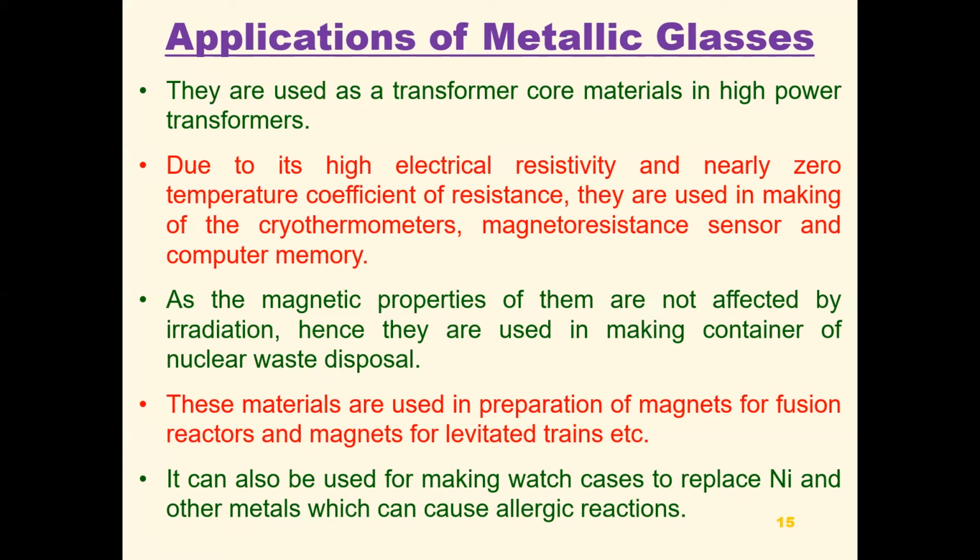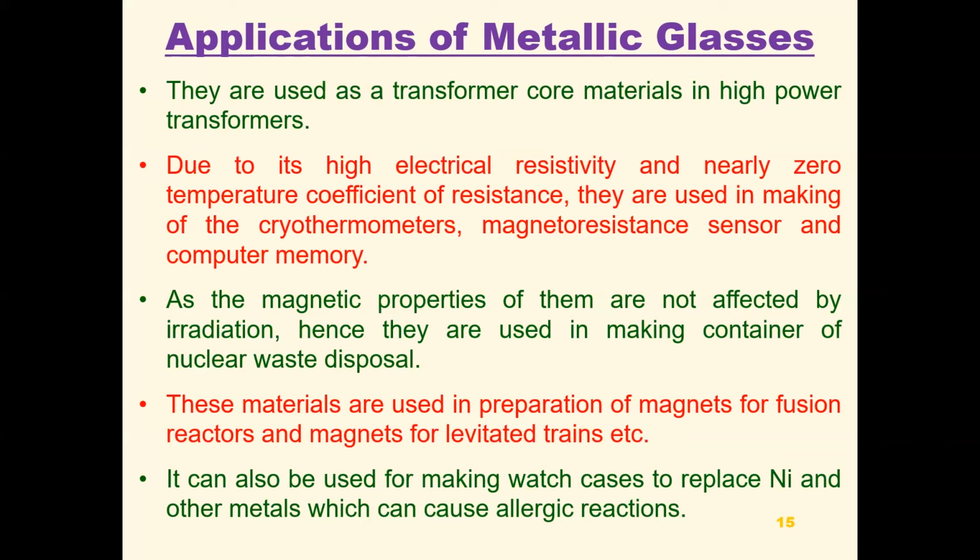As their magnetic properties are not affected by irradiation, they are used in making containers for nuclear vessel disposal. These materials are used in preparation of magnets for fusion reactors and magnets for levitated trains, etc.